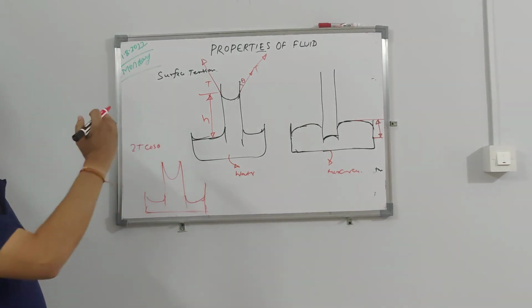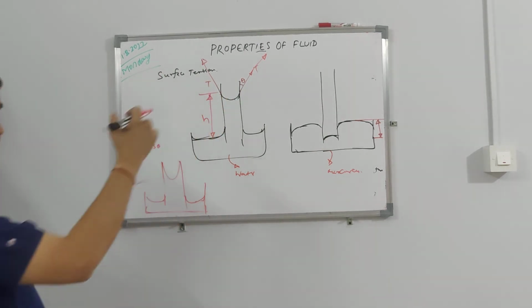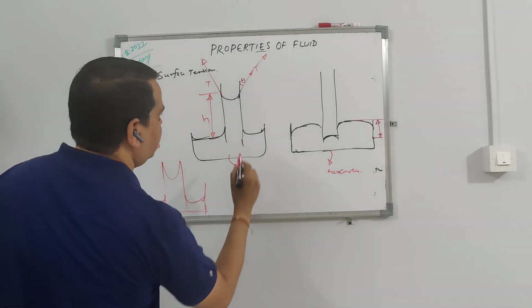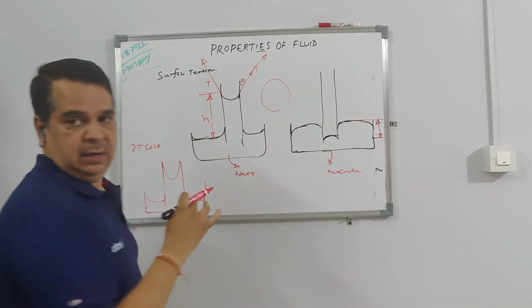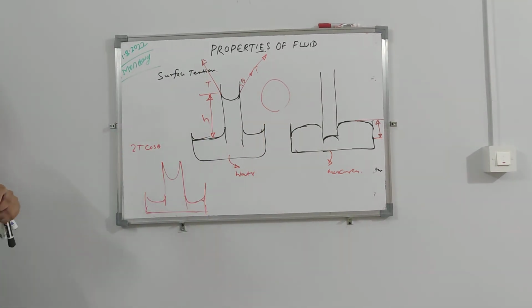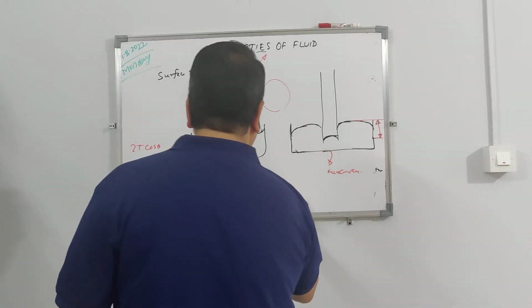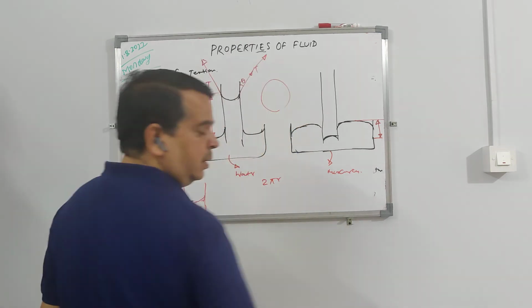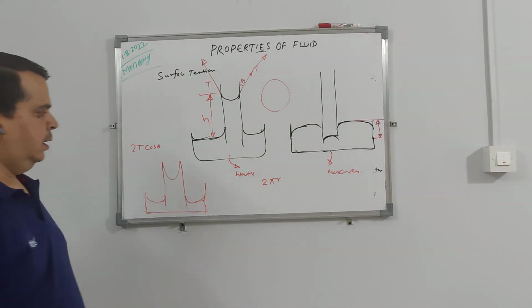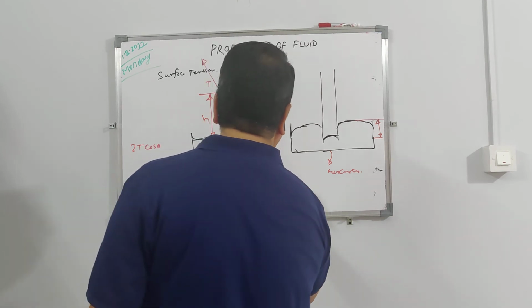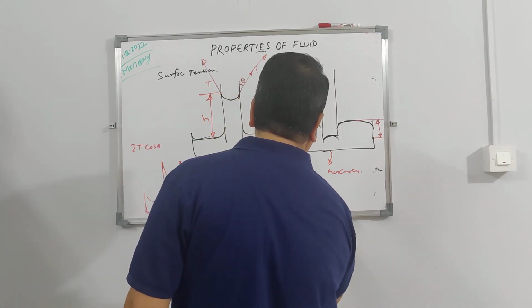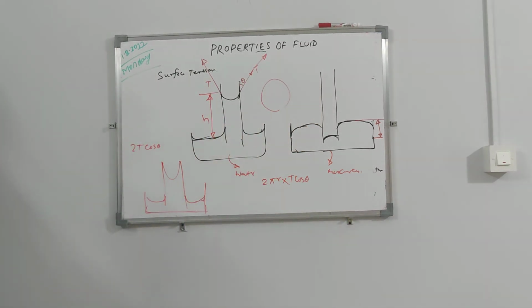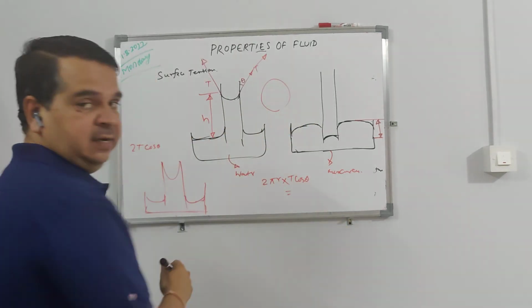If you look from the front, this surface tension is acting on a circle. If you see from the top, it is acting on the circular length. So what is that length? That length is 2 pi r, and the surface tension acting on it is T cos theta. T cos theta is the upward force acting, which is equal to the weight.